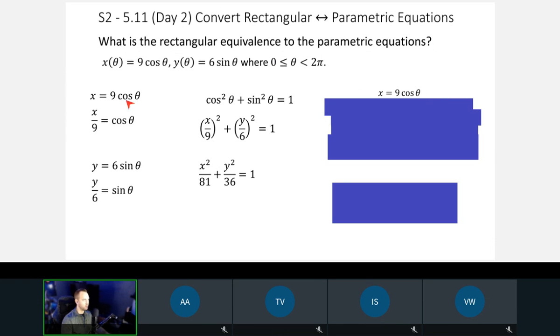If you think of a cosine function and how it makes a wave, up and down, up and down, what's the period of this cosine? It's 2 pi. So would the value of cosine at 0 and 2 pi be the same?